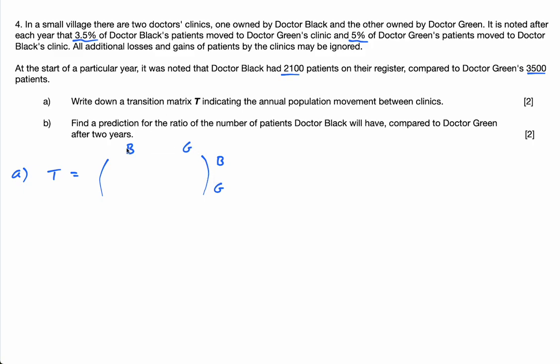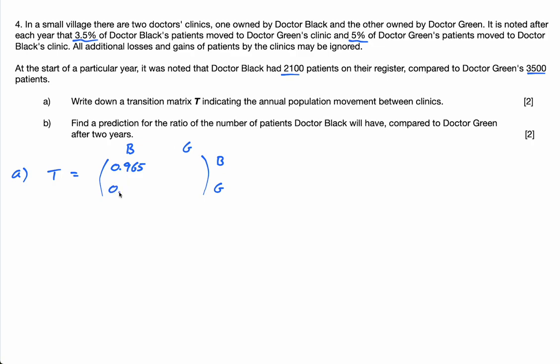So this element here, the top left, is what percentage of Dr. Black's patients will still be with Dr. Black. Well, he's going to lose 3.5%. He's losing a few, but that means he's going to keep 96.5%. So that's the percentage that will stay with Dr. Black.